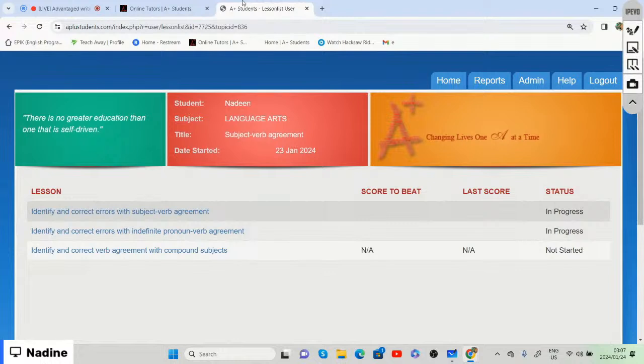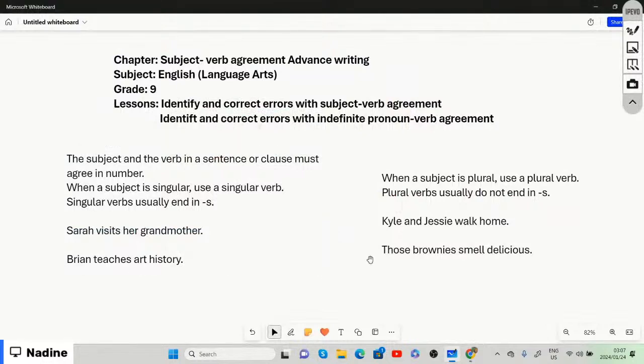And remember, we are doing high school advanced writing, and our chapter is subject verb agreement, which is going to be advanced writing for high school. Our subject is English language arts, grade 9.